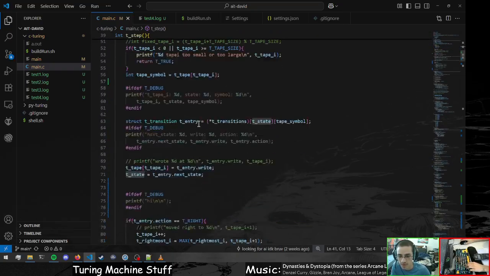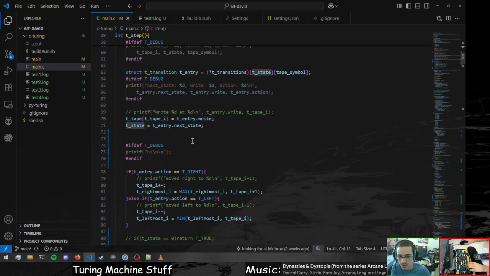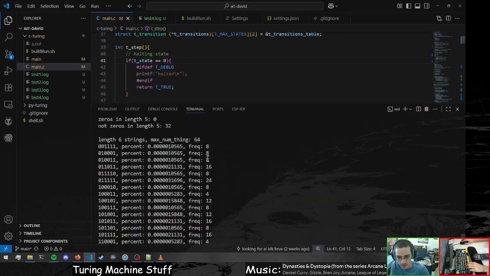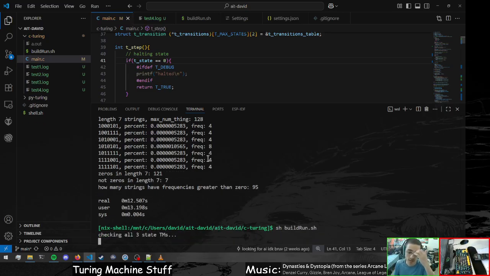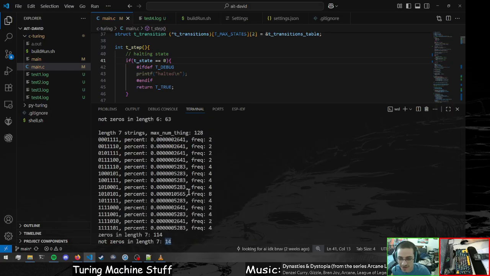Yeah, we do have to check if it's halting eventually. So with that in mind, let's try to do this again and see what gets generated. I want to see. Oh my god, look at that. Now we got the strings.